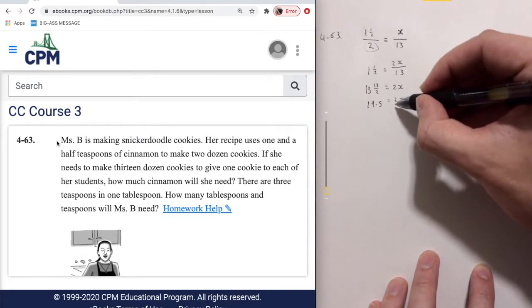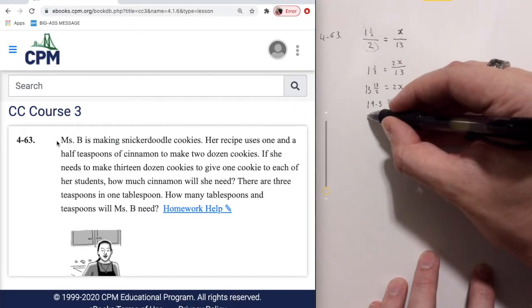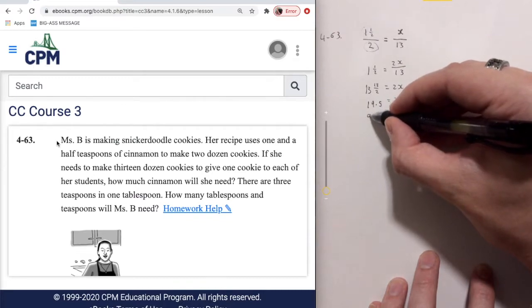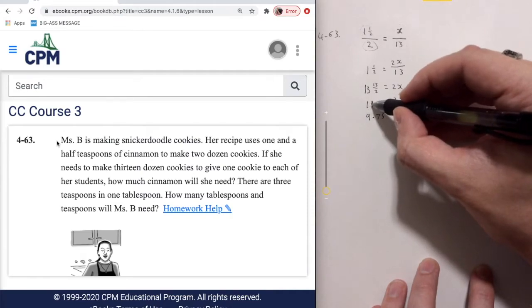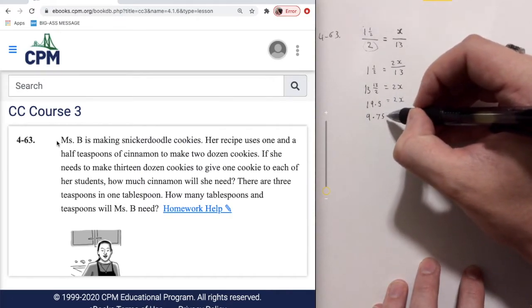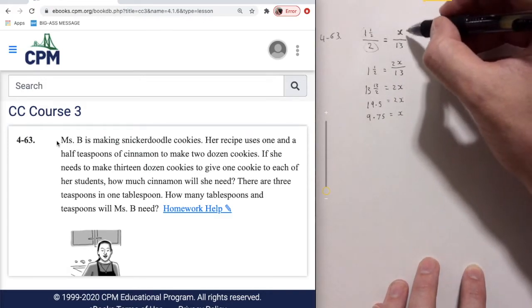So now we can divide both sides by 2 to get x by itself, and that's going to give us 9.75. So the 19 divided by 2 will be 9.5, and the 0.5 divided by 2 will be the last 0.25 added in. So that will equal x. So now we know to make 13 dozen cookies, we're going to need 9.75 teaspoons.